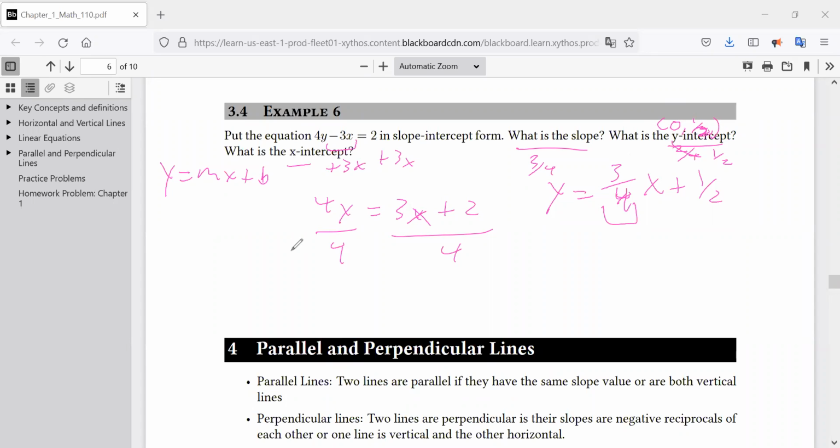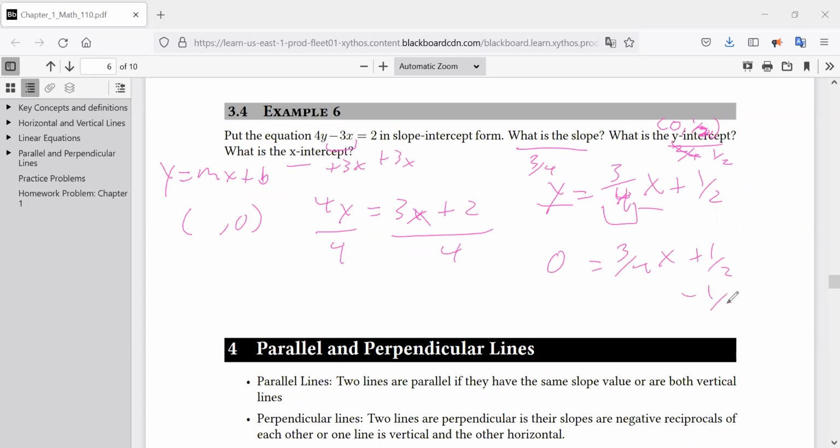Well, the y value of the x-intercept is always going to be 0, right? So we have something, comma 0. And if we want to figure out what the x-intercept is from this, we just set y equal to 0, and we see what our x is. So we get 0 is equal to 3 over 4 x plus 1/2.